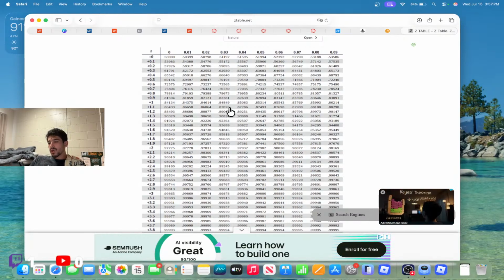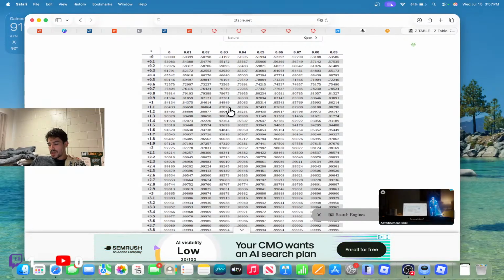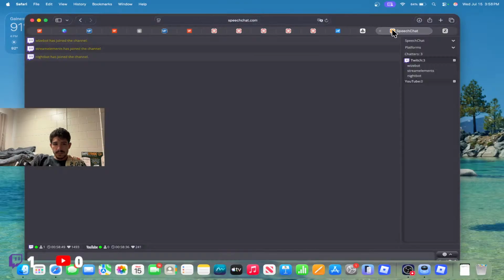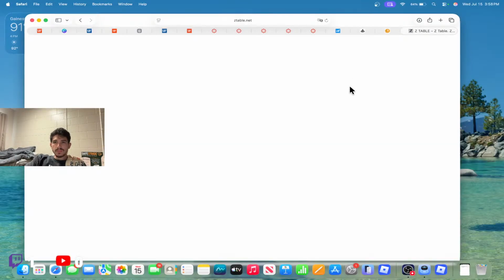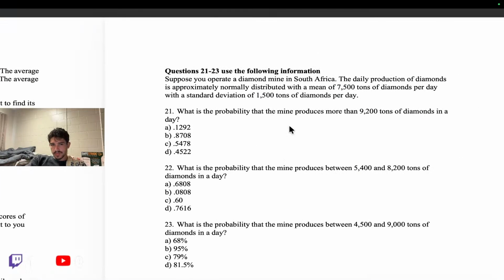So now with that score, what we want to do is subtract that from 1 to find out what's on the right side of the distribution. So we're going to do 1 minus 0.87076, which is going to be 0.129, so it's 13%. So it's going to be A.